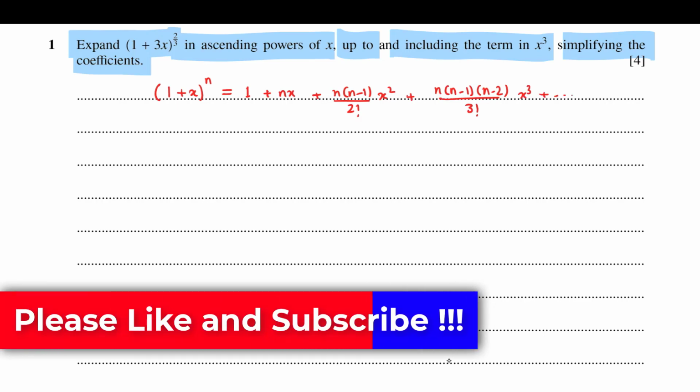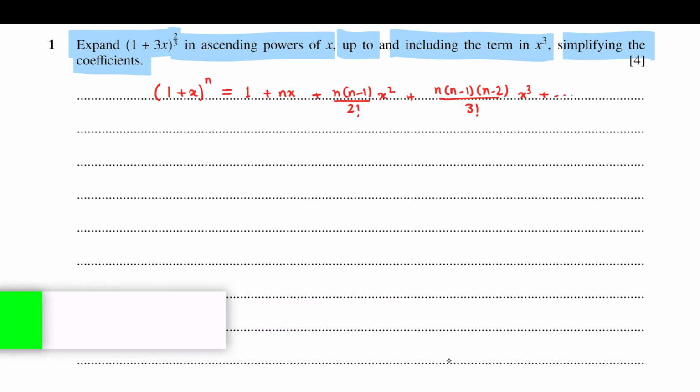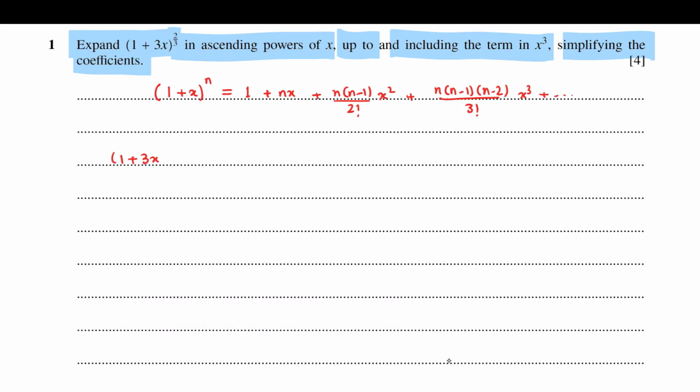So similarly, if we compare, we have 3x in place of x, so we have (1 + 3x)^(2/3) as 1 + (2/3)(3x) + (2/3)(2/3 - 1)/2! (3x) square.